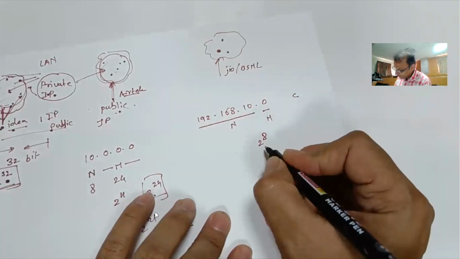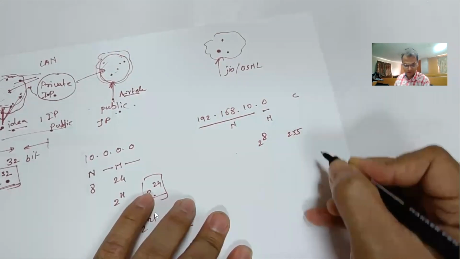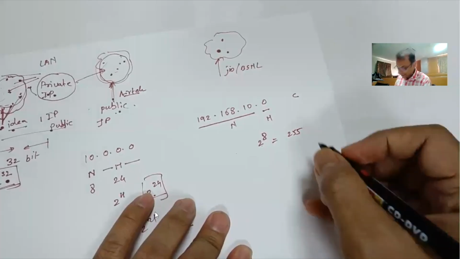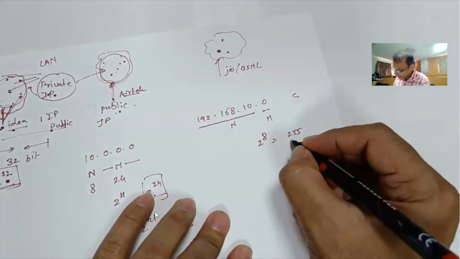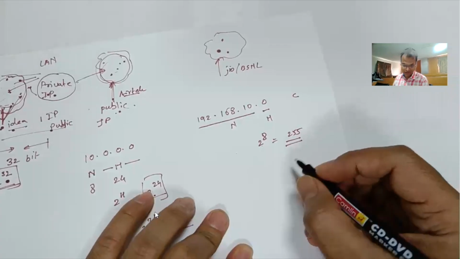Now 2 raised to 8 is what? 255, right? So that means in one network I can have 255 IP addresses.